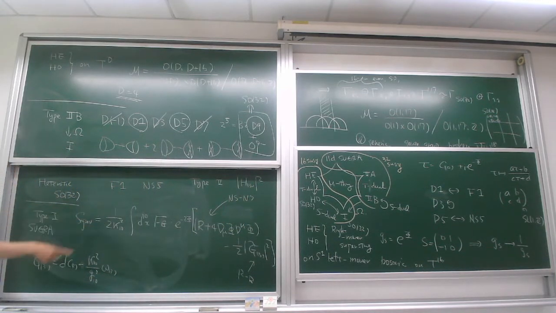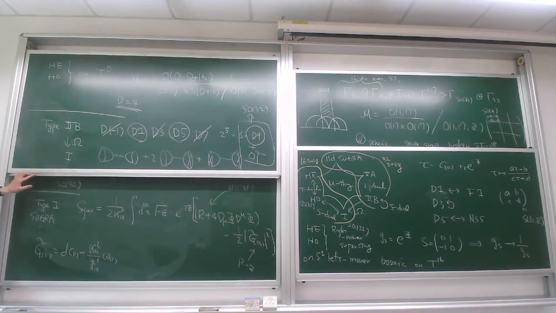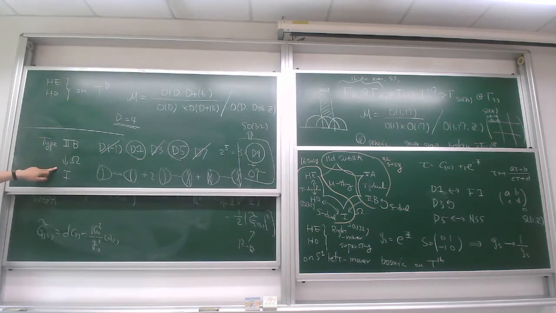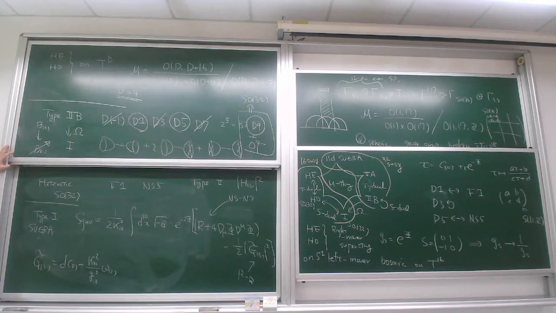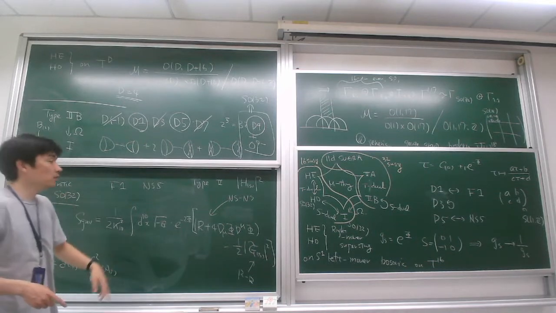But here there is no B field, because after orientifold projection the B field disappears, as we already saw in the orientifold projection. So the difference is that in type 1 there is no B field action in the NS sector.